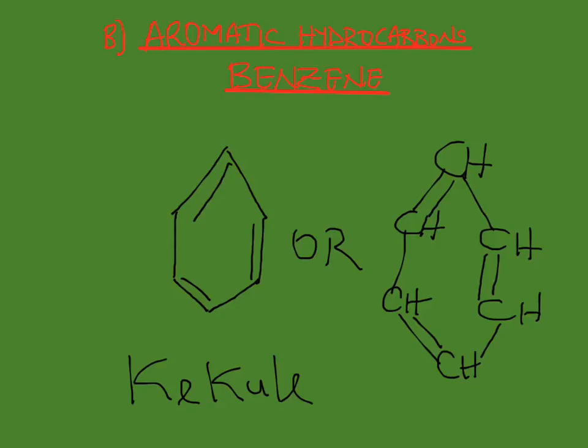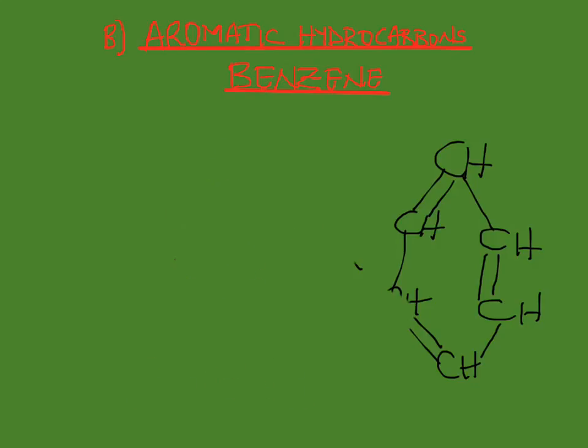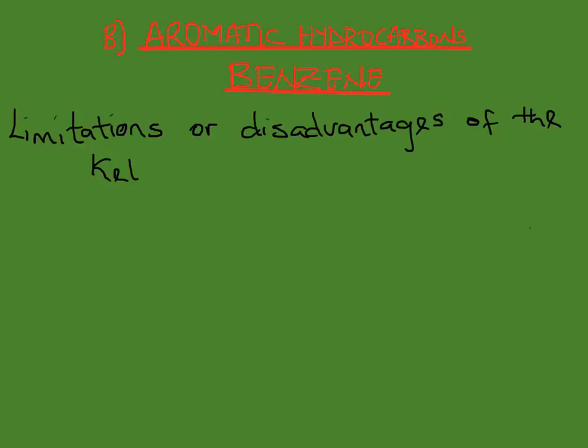Right now, we're going to be looking at the limitations of the Kekulé structure. Limitations here are also called the disadvantages. Now, like I said, we'll be looking at the limitations or disadvantages of the Kekulé structure.